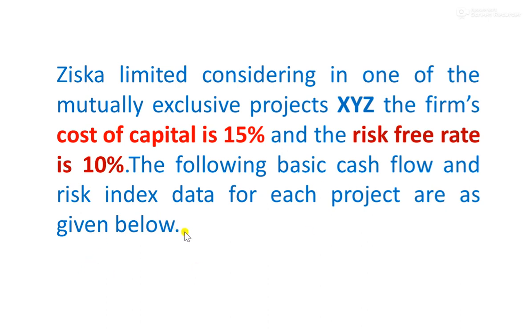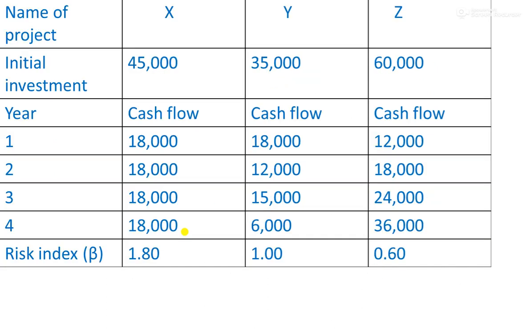So dear students, after reading this question, we get two discount rates and other information. This is the other information: the names of projects X, Y, Z, and this is the initial investment. Another name for this initial investment is NCO, net cash outflow.